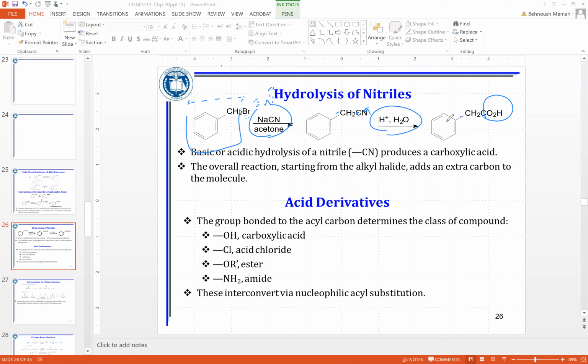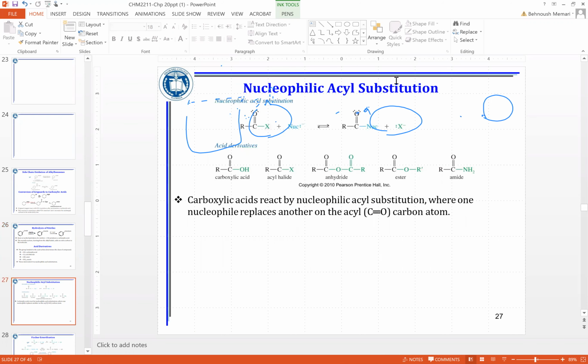What are acid derivatives? Acid derivatives are those compounds that, if you hydrolyze them, go back to carboxylic acid. Examples of acid derivatives: you have carboxylic acid, and acyl halide, where you replace the OH with a halide. If you replace the OH with a carboxylate, that gives you acid anhydride.